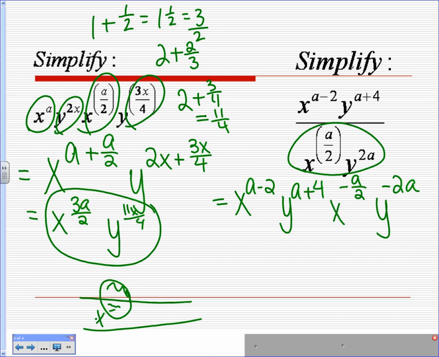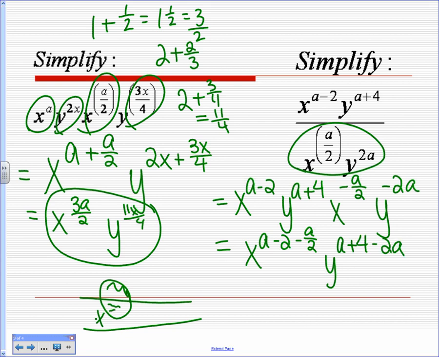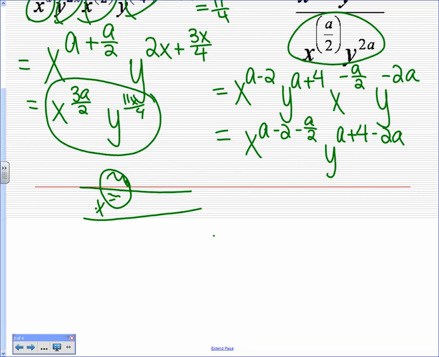Okay, now does it look similar to what we just had? Alright, so what are our exponents? What are our y exponents? Any questions so far? Okay, so on our x exponents, can we combine all three of these? Which ones can we combine? A and a over 2.